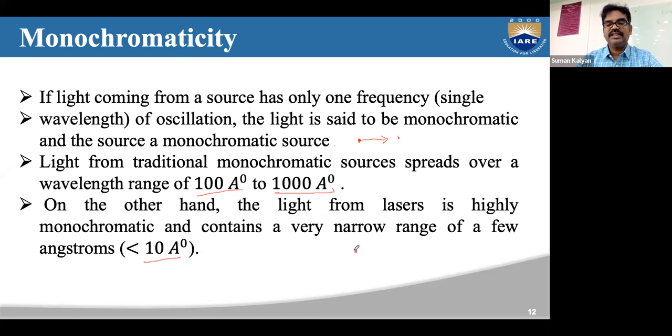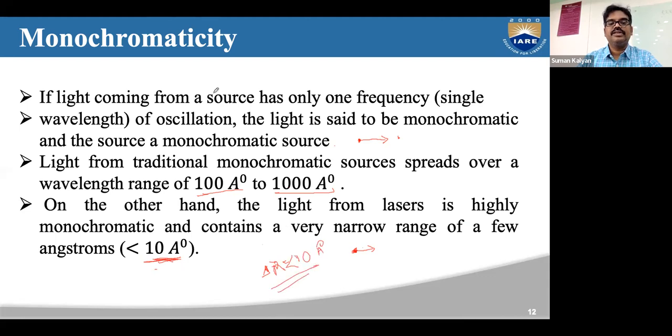So even if you say that light is of a particular color, there is a mixture of other frequencies and other colors also. That wavelength range is from 100 angstroms to 1000 angstroms, whereas in laser light that mixture will be less than 10 angstroms. That is, the spread of the frequencies, delta nu, or here delta lambda, will be very much less than 10 angstroms.